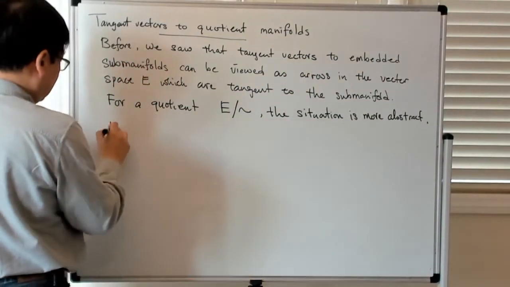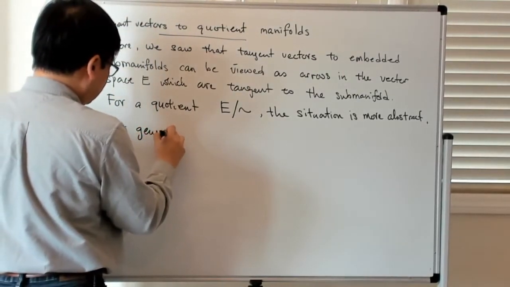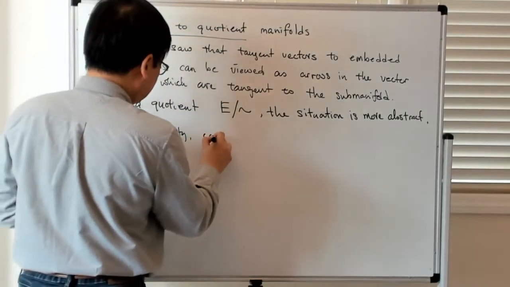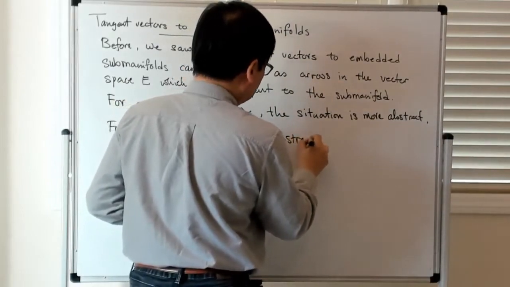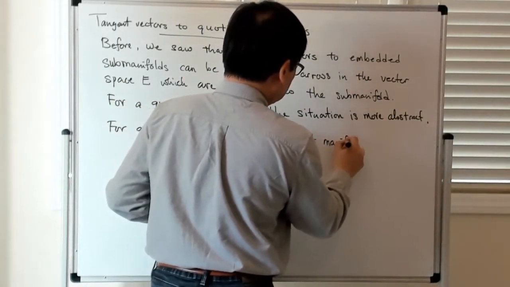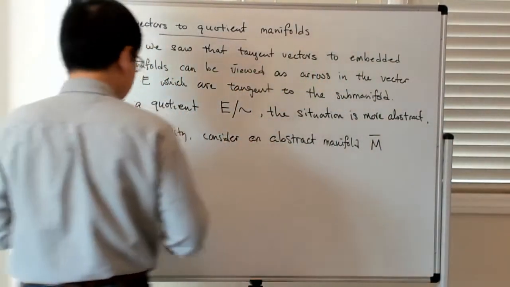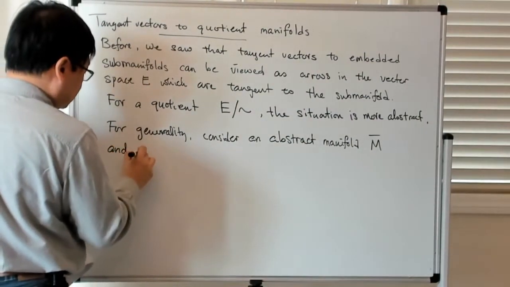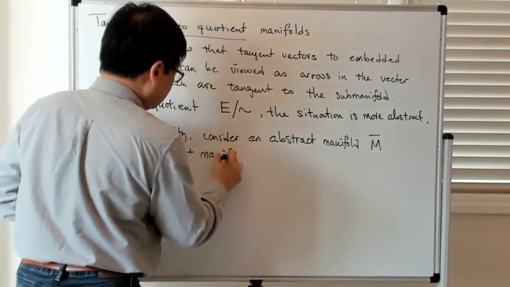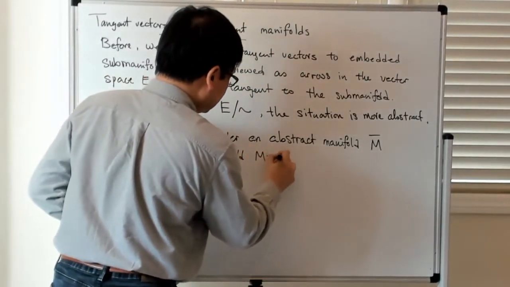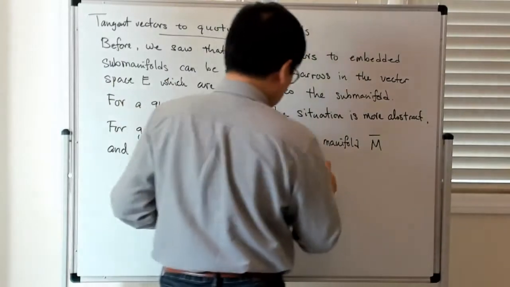Okay, so let's just say this with a little bit more generality. So for generality, you consider an abstract manifold M bar, and a quotient manifold M, which is just this M bar quotiented by the equivalence relationship, and there is a canonical projection.